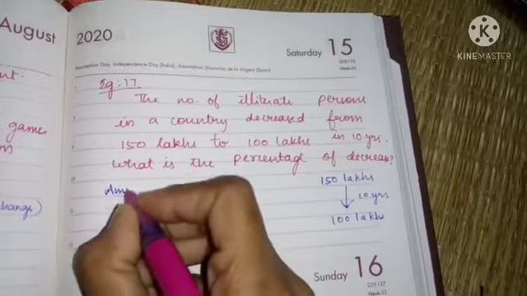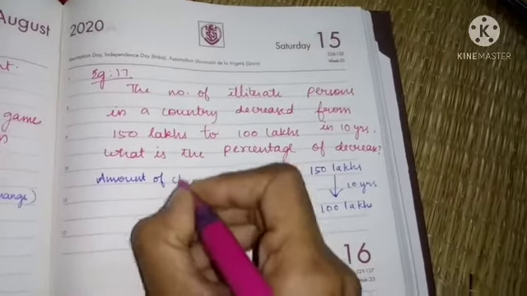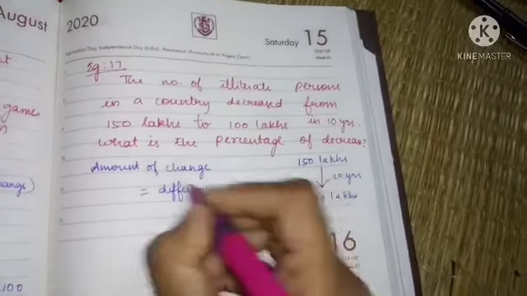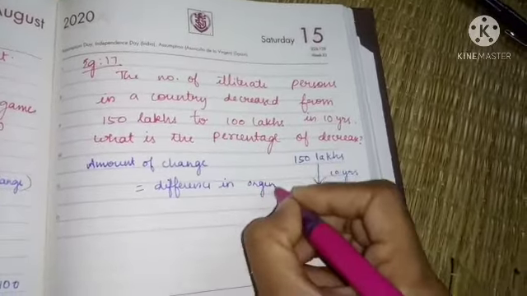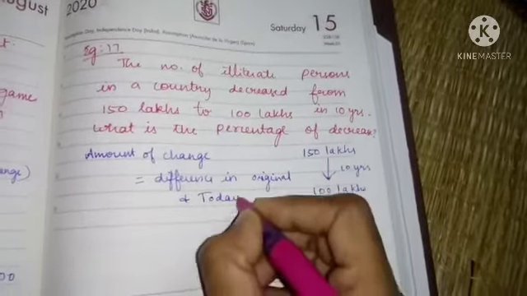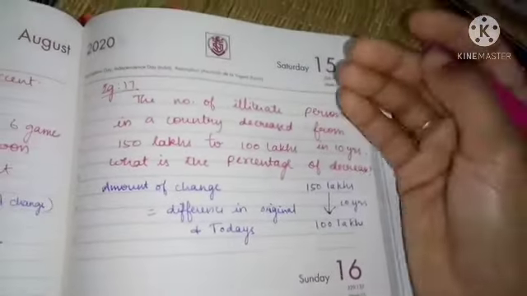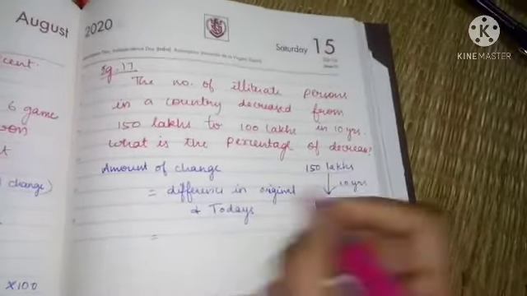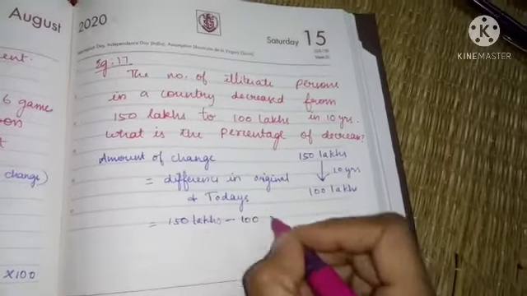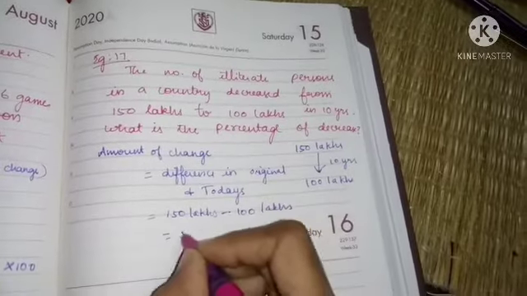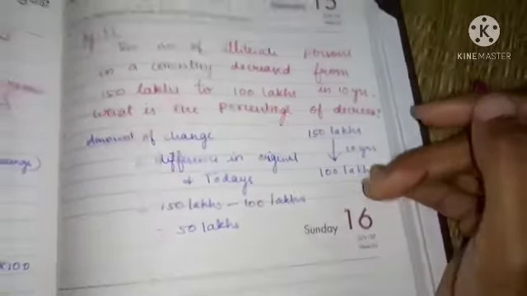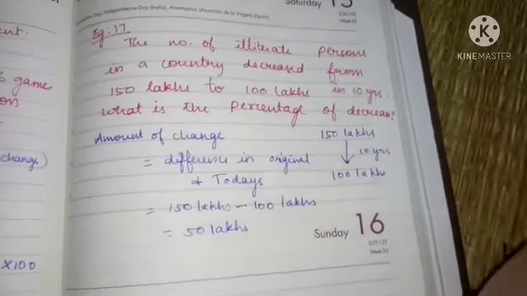First we should write: amount of change is equal to the difference between the original, which means the previous value, and today's value. 150 lakhs minus 100 lakhs is equal to 50 lakhs. So the difference between the previous and the present value is 50 lakhs.